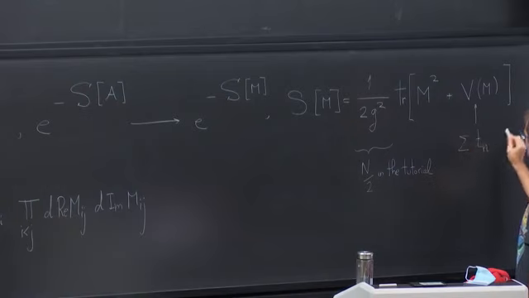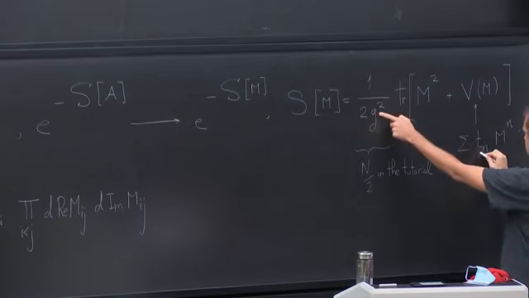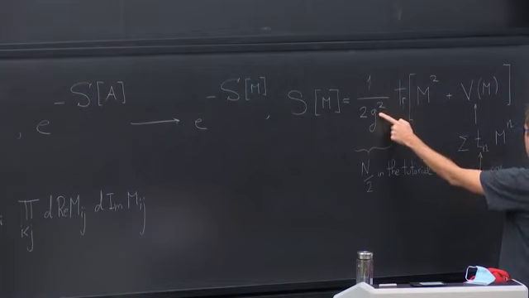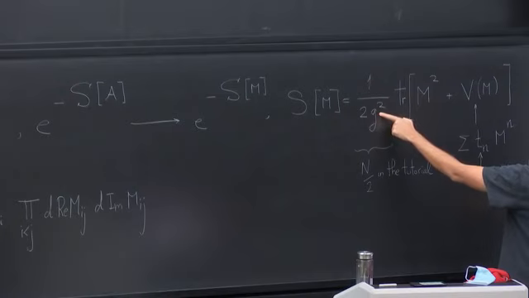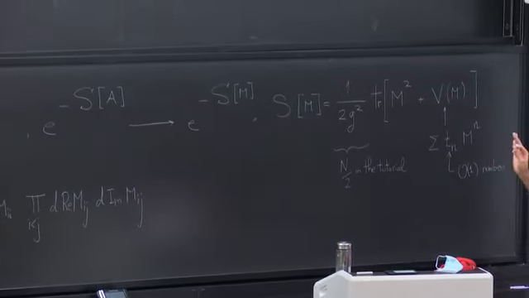For example, there could be some constants Tn times m to the n. Because I put the coupling outside here, these guys are now order 1 numbers. Like for our phi to the 4 theory, if I put the coupling outside, then phi to the 4 comes with coefficient 1 or something like this. And so this could be a general potential.